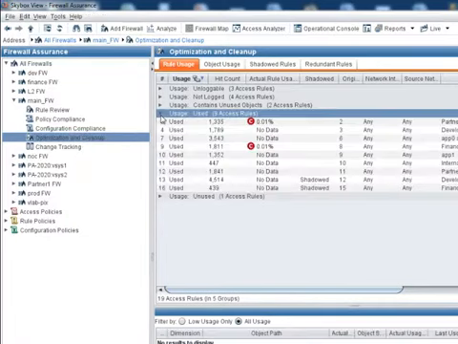When Skybox collects log data from firewalls, we can analyze that against an ACL to break down the traffic into the individual IP addresses and services that were passed for overly permissive rules.